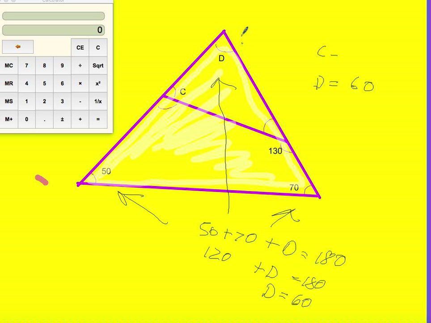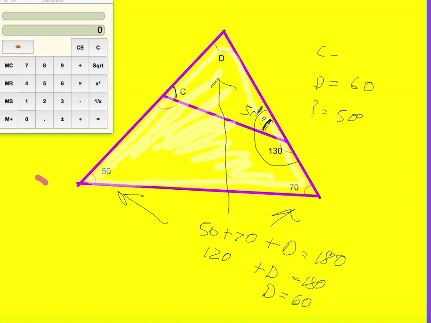If we have D, now we have to find C. How do we do that? We don't know what this is here, and we don't know what C is. There are a lot of ways we can do it, but one way is: if we add this unknown and the 130, they make 180 degrees, which leaves our question mark as 50 degrees.